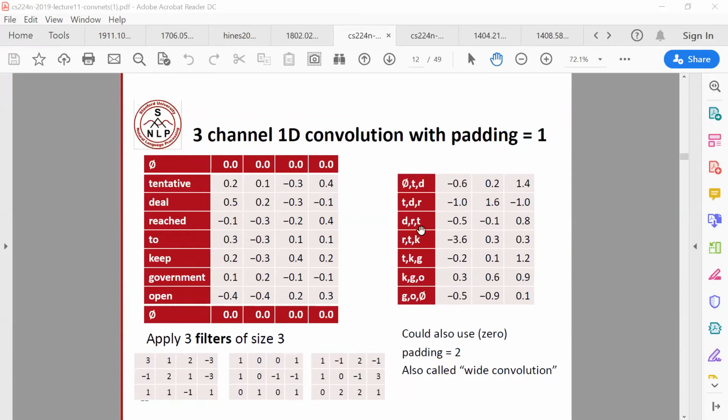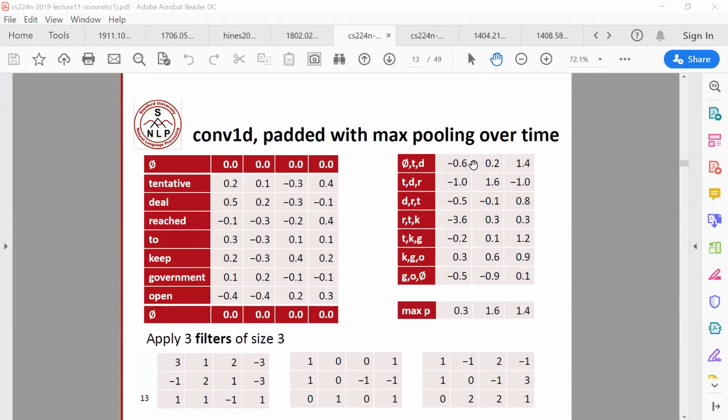This is the same map that we got, but now he's taking max pooling over time. And whenever they say over time in the context of NLP, that means over the length of the sentence.